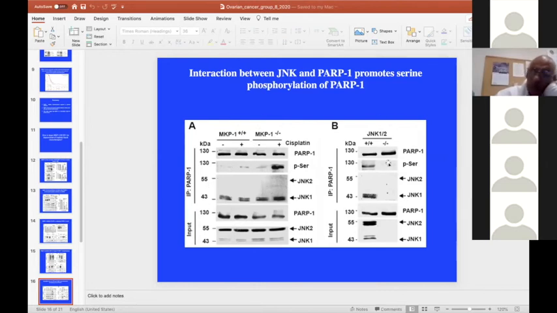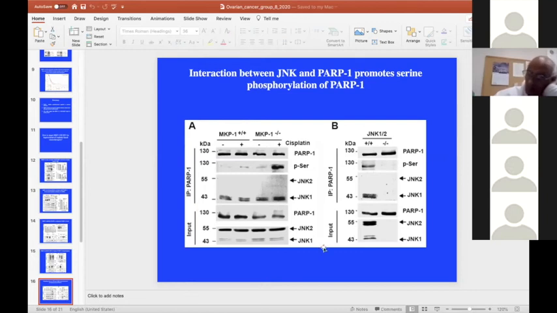Similarly, in JNK1 knockout cells, we detect a high level of PARP1, but we did not see the phosphoserine minus compared to plus cells.